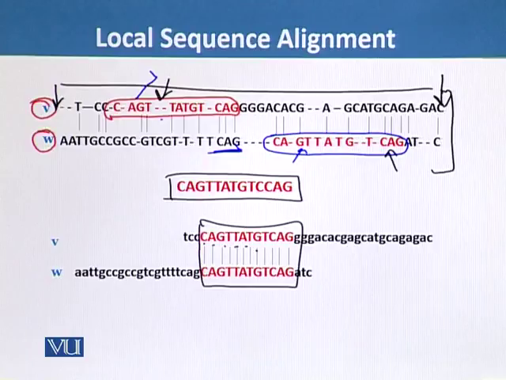In this case, we consider only this part of the gene, the conserved domain, and because we are only considering a small part, this will be called local sequence alignment.